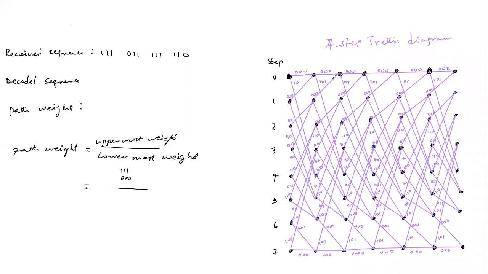That's the uppermost, and the difference here is 1 1 1, so here we have 3. Then for the lowermost, we have the received sequence and the decoded 1 0 1, and the difference now is 0 1 0, so that's over 1. So here the weight is 3 over 1. So we're going to go down.